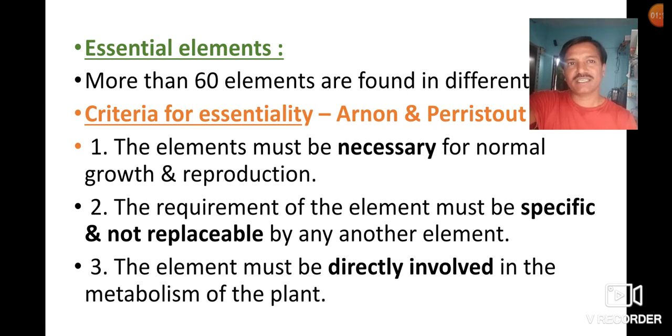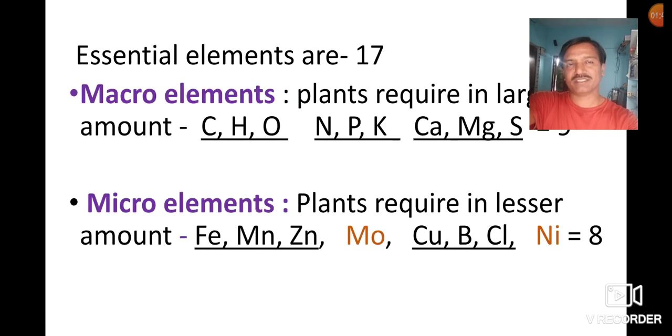The second criterion is that the requirement of the element must be specific. It means in the absence of that element, its function cannot be replaced by any other element. The third criterion is that the element must be directly involved in the metabolism of the plant. The elements which follow these three criteria are called essential elements.